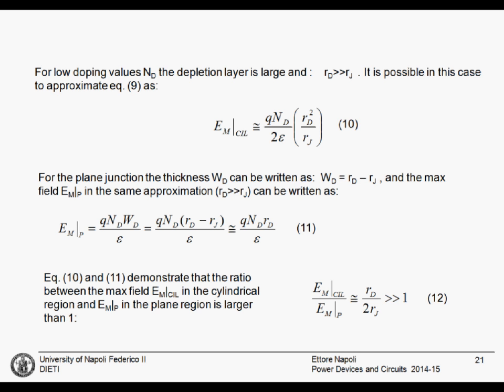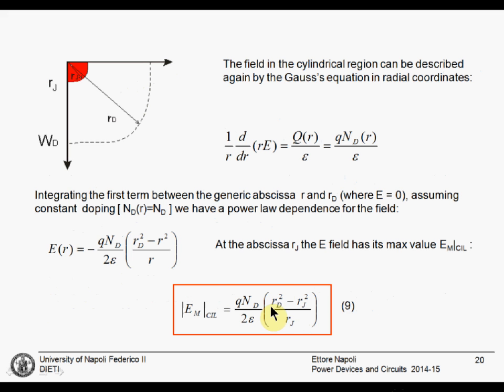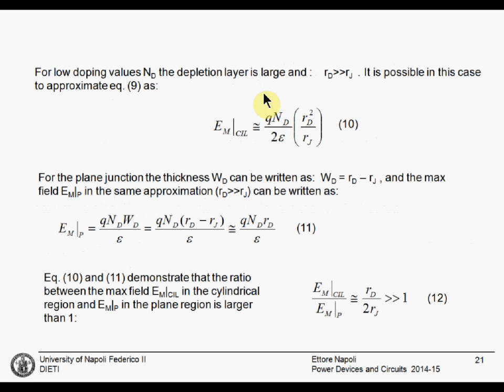A simplifying assumption is that if the doping concentration is quite low, the depleted region is wide, Rd is much larger than Rj. And we can approximate the previous equation, neglecting Rj with respect to Rd, and we get this relation for the maximum electric field for the cylindrical junction. Okay, this is a number. It is a function of these quantities.